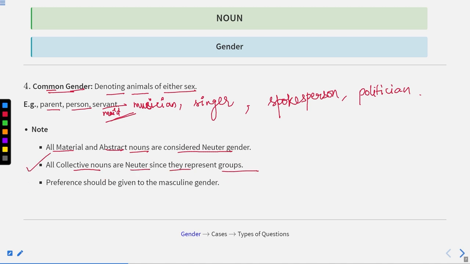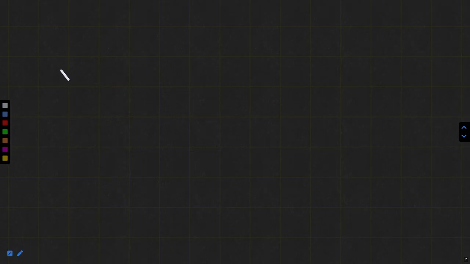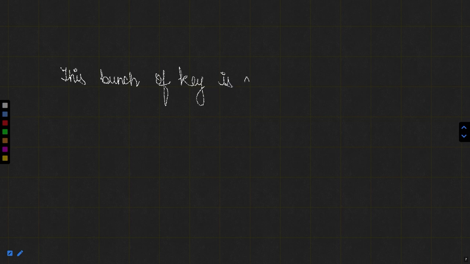Now this one is very, very important, and it is asked many times. For example, if I say, this bunch of keys is made of gold. It is very expensive.